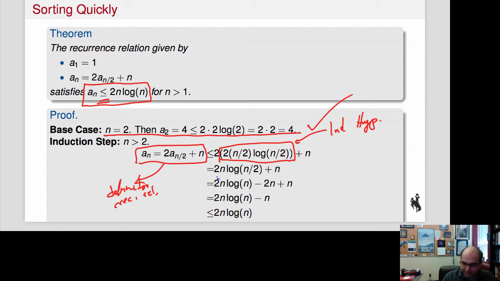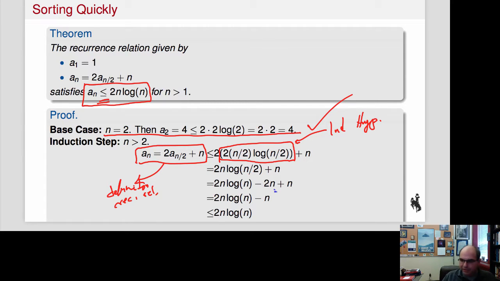So that's actually equal to 2 times n log n over 2, and that's because this is 2 times n over 2 log n over 2. So yeah, that's just the 2's canceled, okay? And once I have it written like this, then I can actually write that as 2 times n log n minus 2n. How come? Well, log of n over 2 is what? It's log of n minus 1, right? So log of n minus 1 times 2n, 2n log n minus 2n, okay?